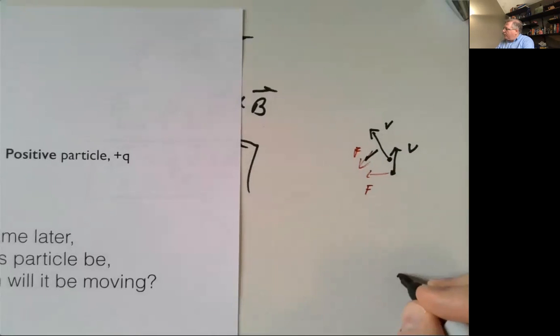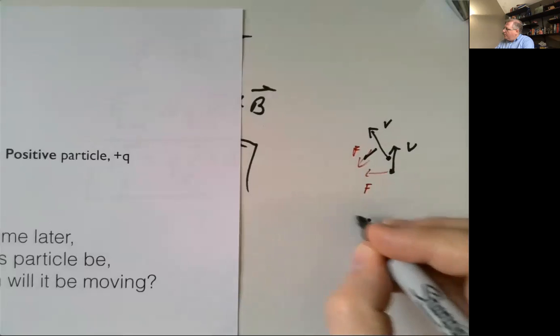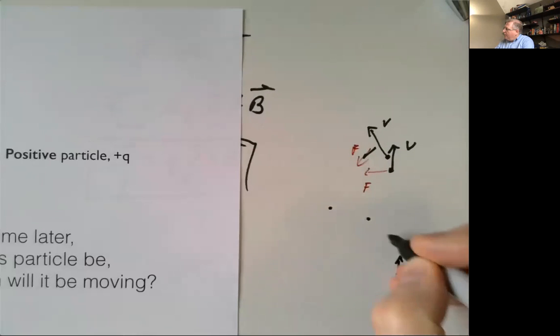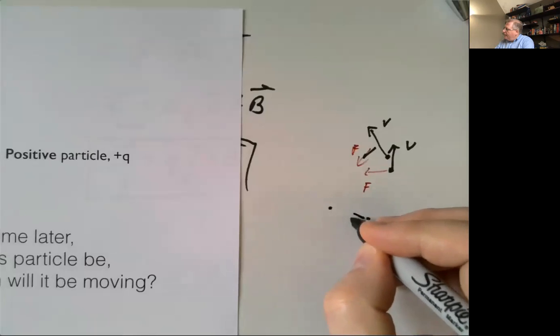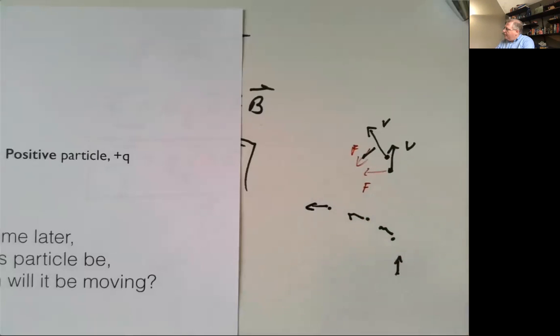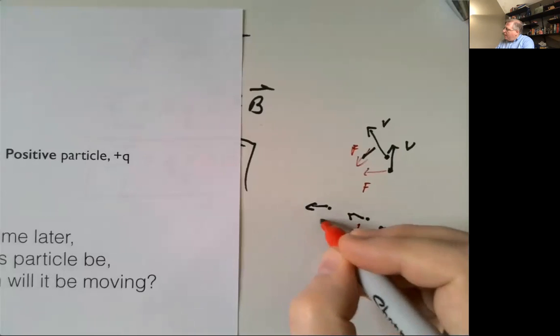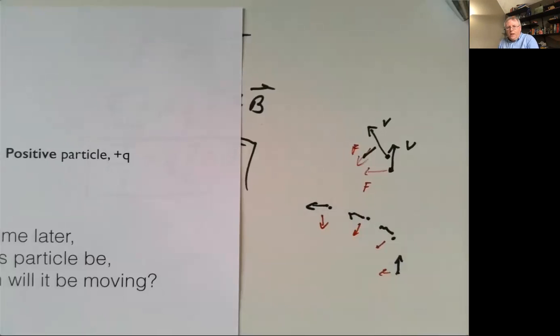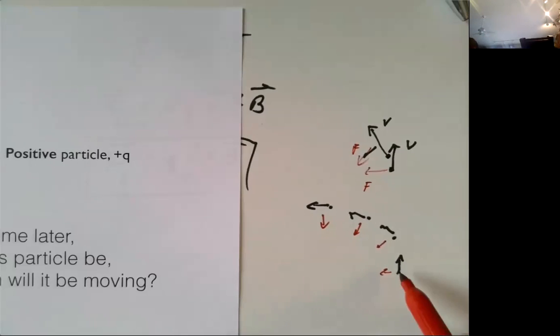So as this thing travels around, it'll have a velocity like that, then like that, then like that, then like that, with the force on it this way, and this way, and this way, and this way. Now, is it going to speed up or slow down? Slow down. Why is it going to slow down? The force is in the same direction as it, so it's slowing it down.